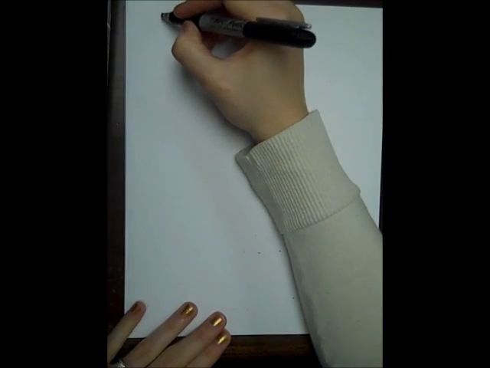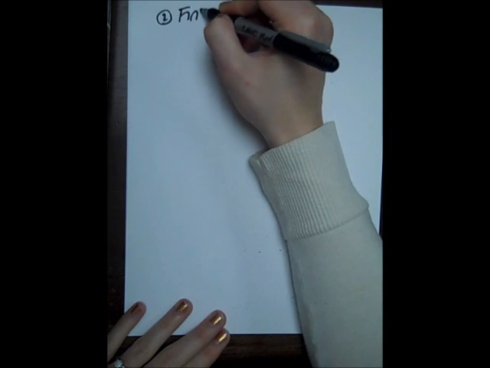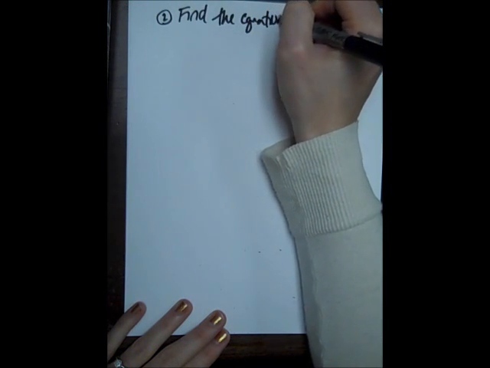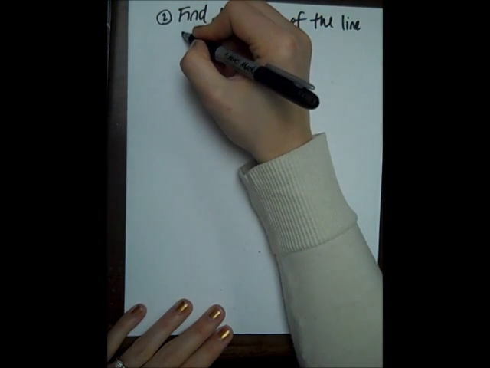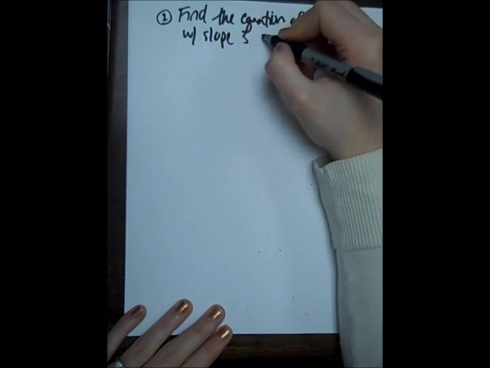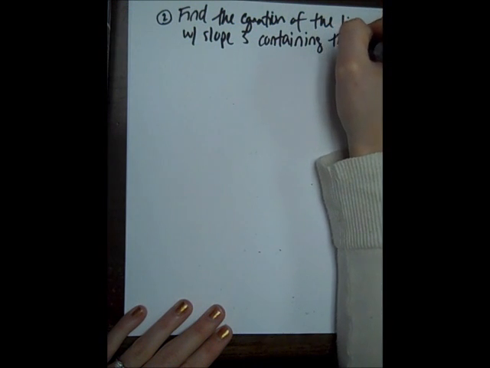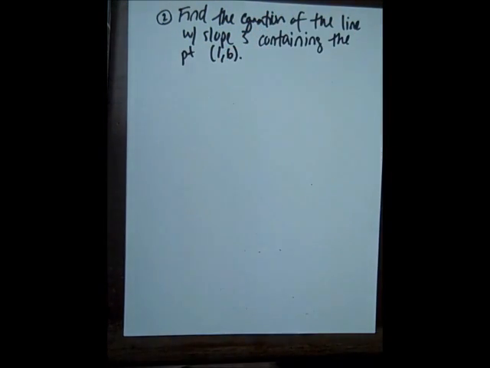Let's try a different example. This will be example 2. Let's find the equation of the line with slope 3 containing the point (1, 6).